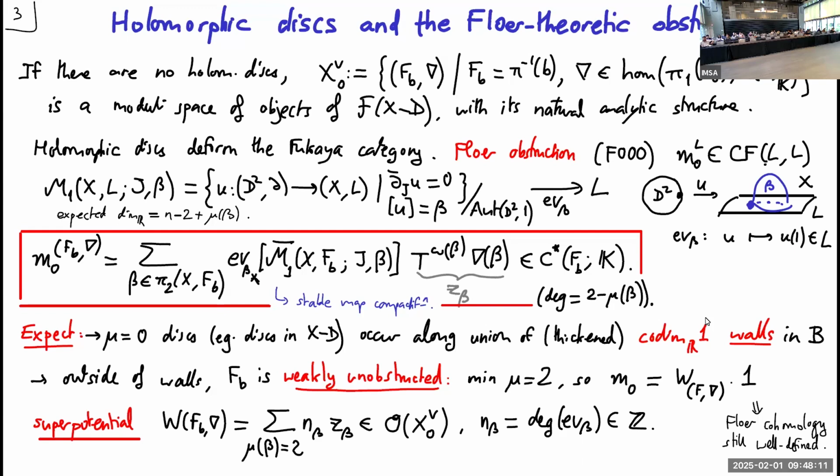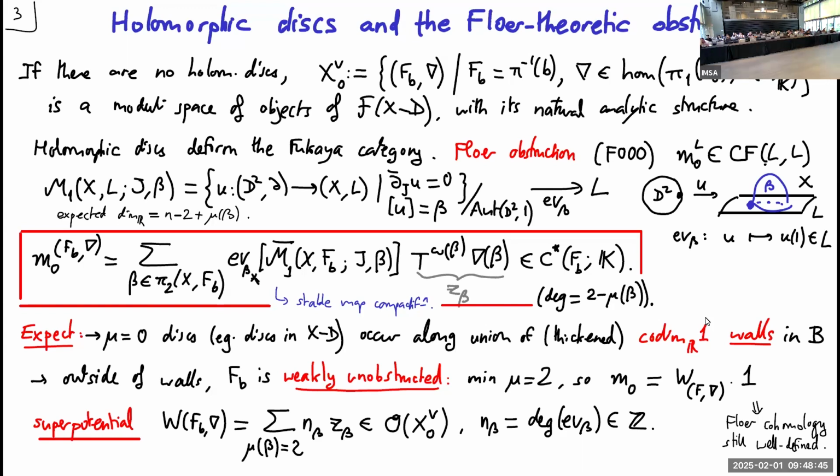So Maslov index shows up in that the dimension of the space of disks in a given class is n minus 3, where n is the real dimension of the torus, plus the Maslov index. So points on the boundaries of disks is n minus 2 plus Maslov index. That means this locus is codimension 2 minus Maslov, which is why I get a cochain of degree 2 minus Maslov index of beta. That's cohomological grading, the codimension chain.